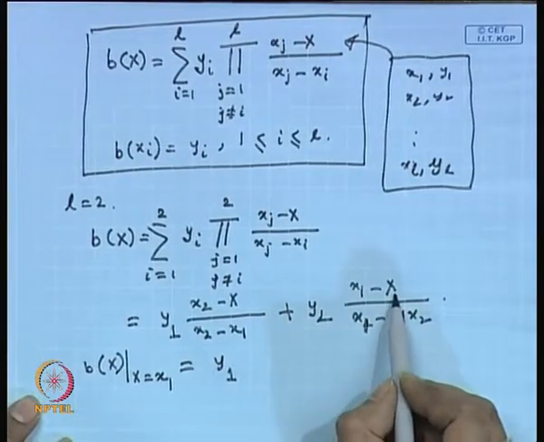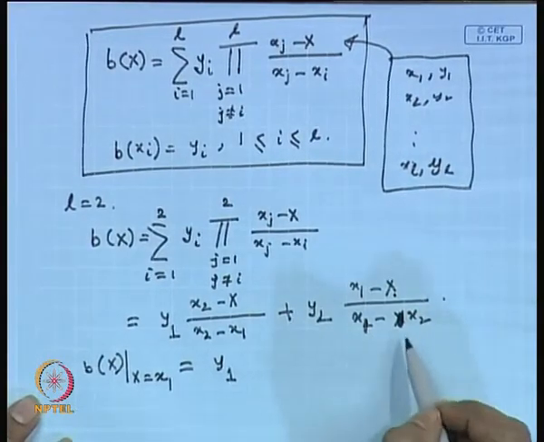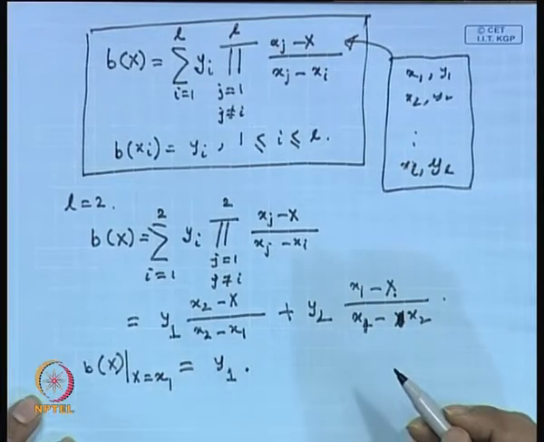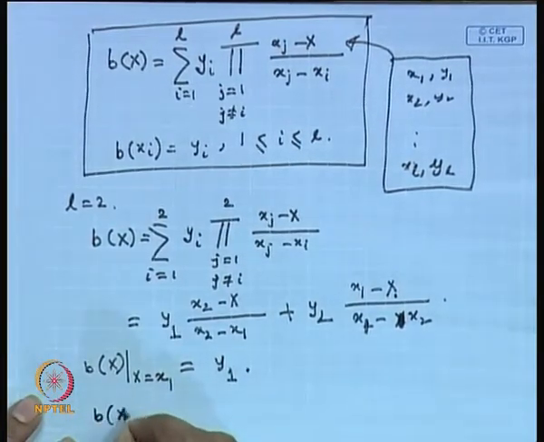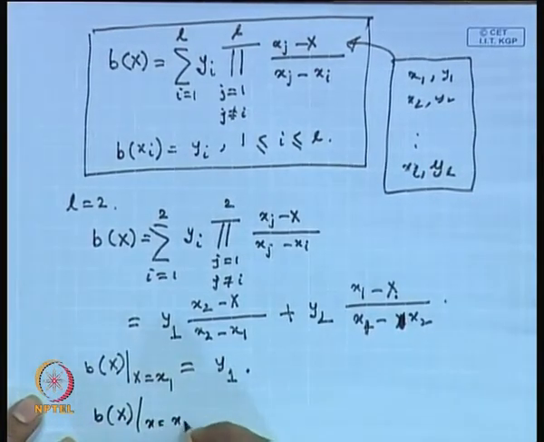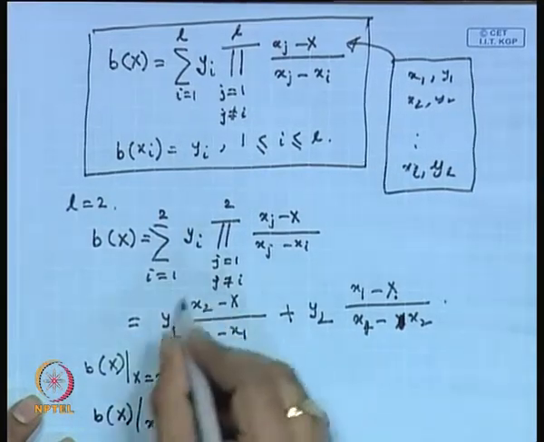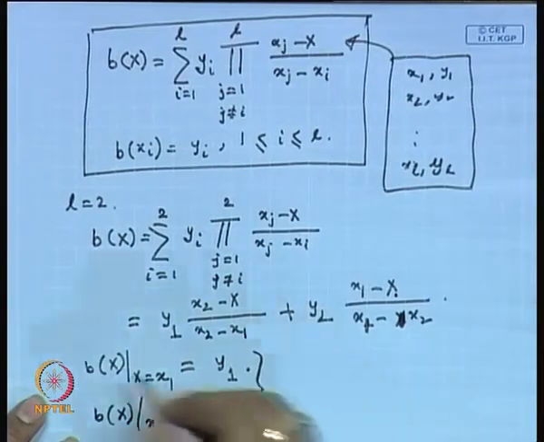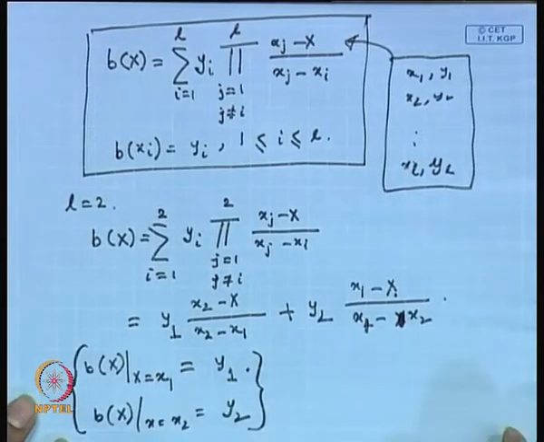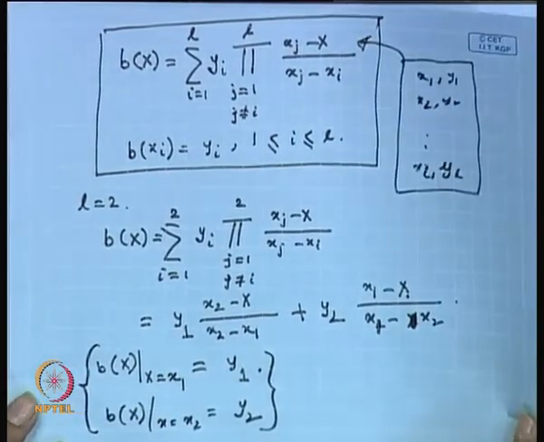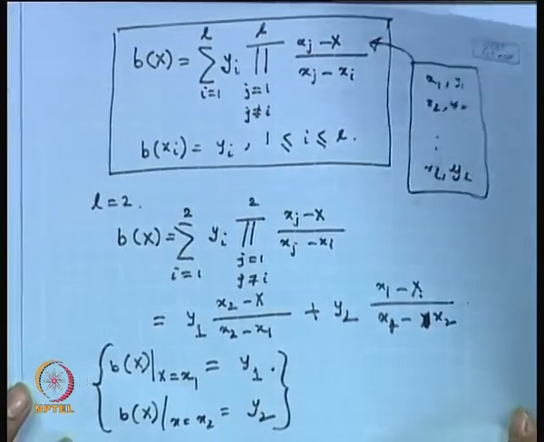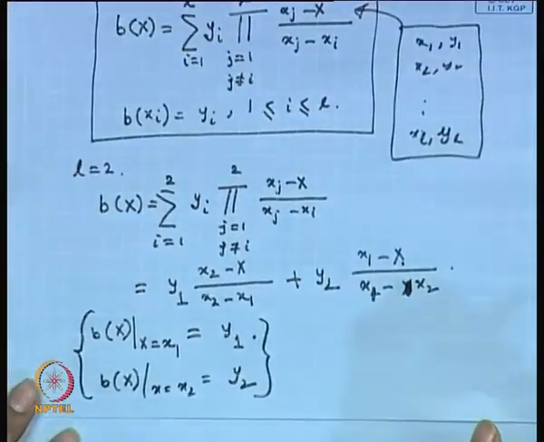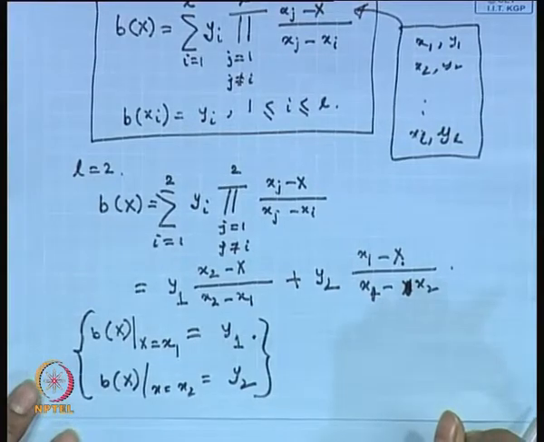If you plug in x equal to x1, this term goes to 0, so we have got only y1. Now, what if you compute this at the point x equal to x2? This is similarly equal to y2 because now the other term goes to 0, right. So, you see that this interpolation works for L equal to 2, right. Similarly, you can prove that this holds for any L also.